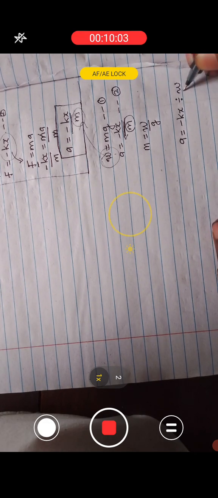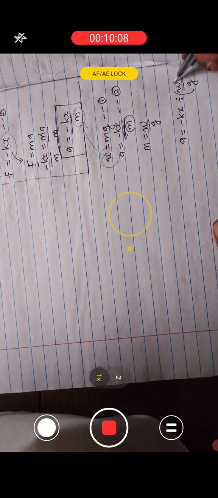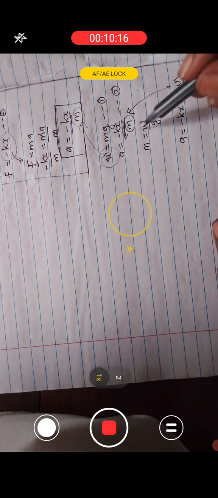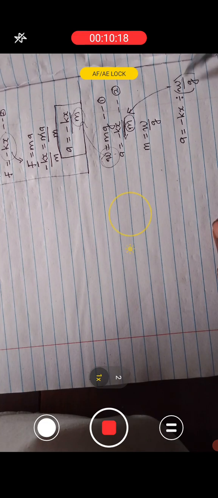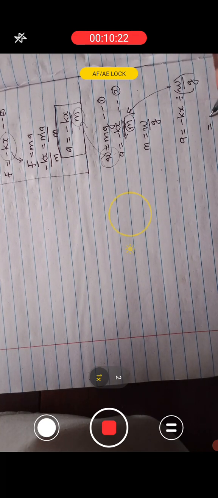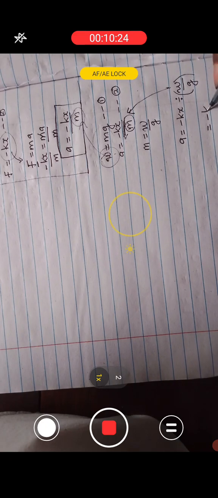So we have weight over gravity. Where there was m in this equation, I've put weight over gravity. Then here it's just simple algebra: negative kx multiplied by gravity over weight.